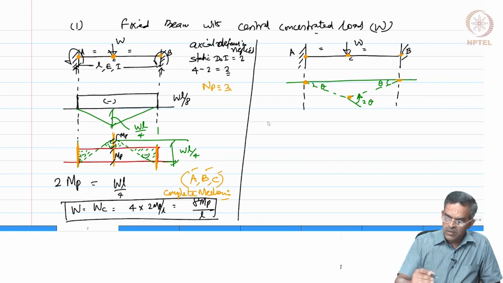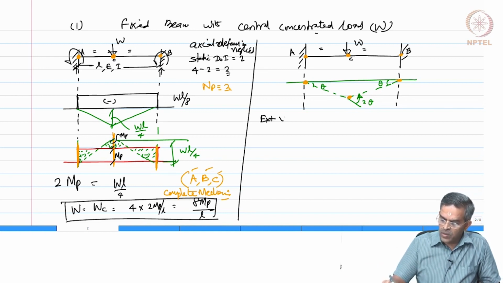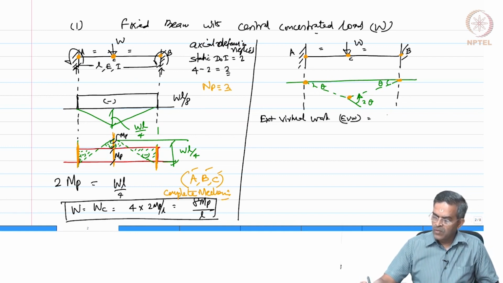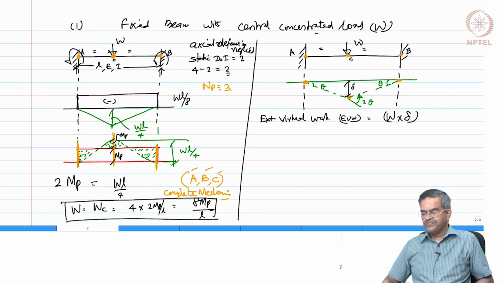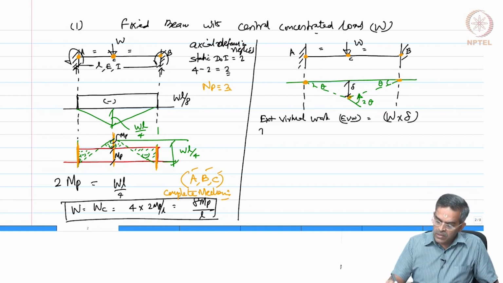Okay. So, now let us see what is the external virtual work. External virtual work is load into displacement. Let us call this as del. What is the internal virtual work?